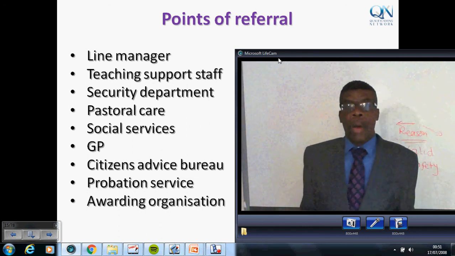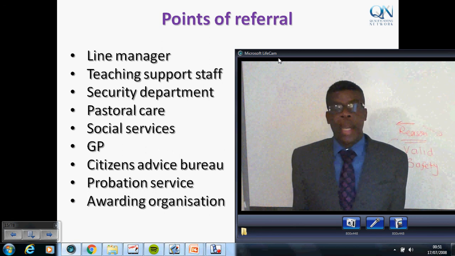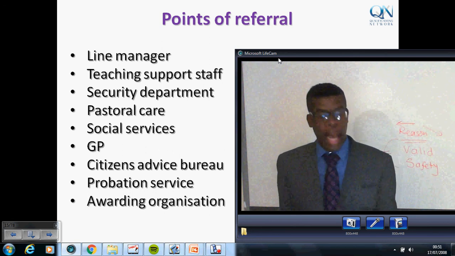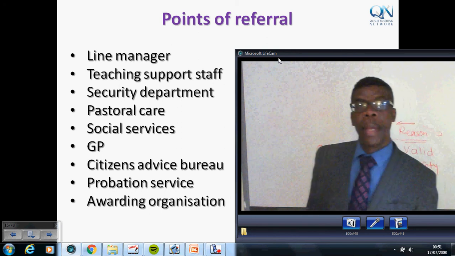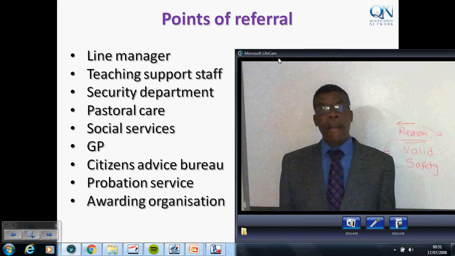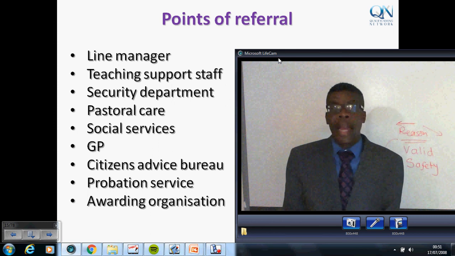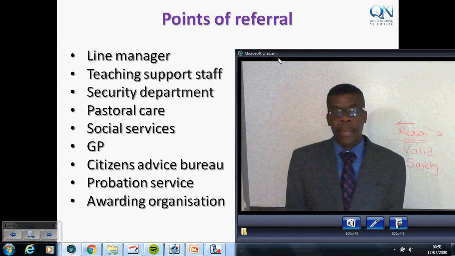So it's a holistic thing which eventually is aimed at improving the learning skills or the comfort of the candidate to be able to learn in that environment.